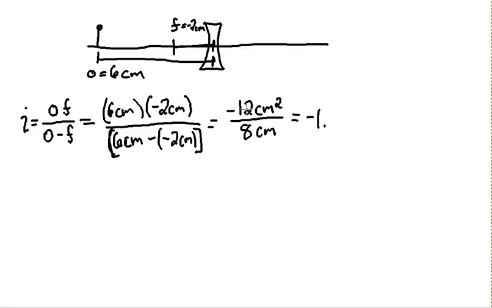There's 4 left over. 4 divided by 8 is 5. Our square centimeters cancels out with these centimeters, so we got -1.5 centimeters. So where's our image going to be formed? Looks like it's going to be formed 3/4 of the way to this focal point, so right about here.